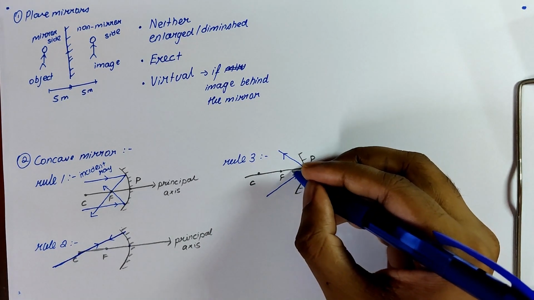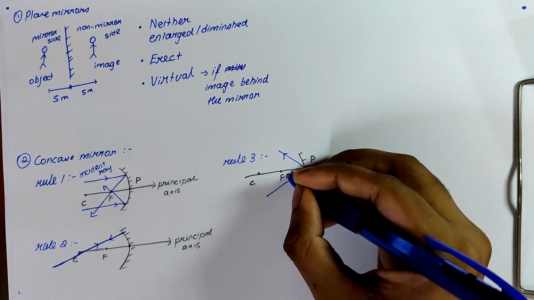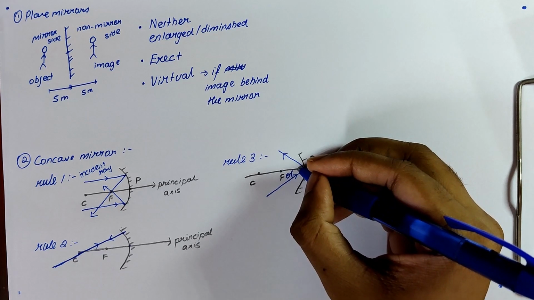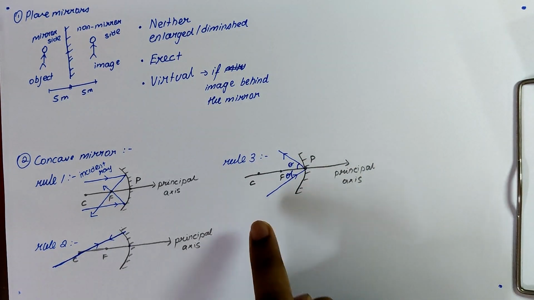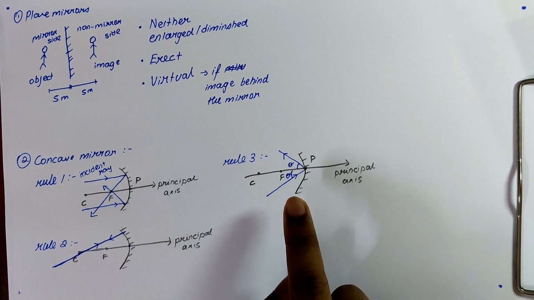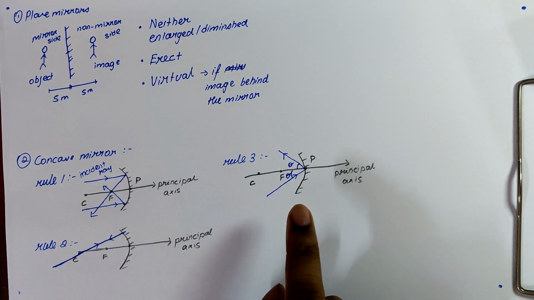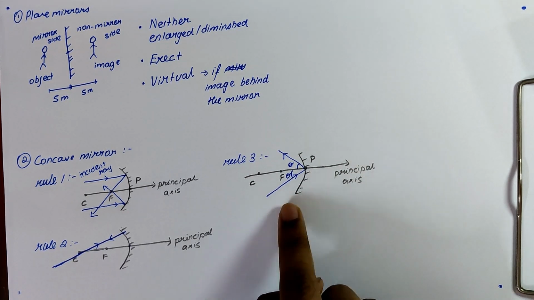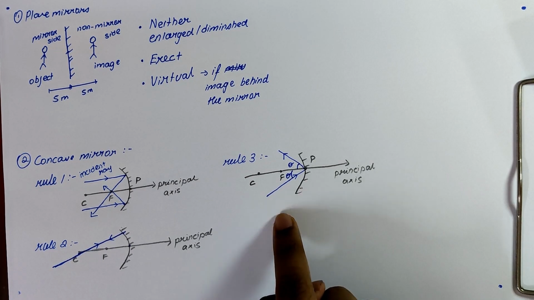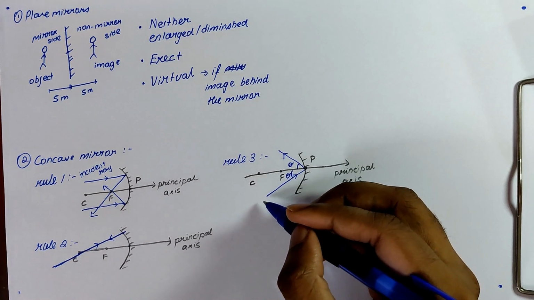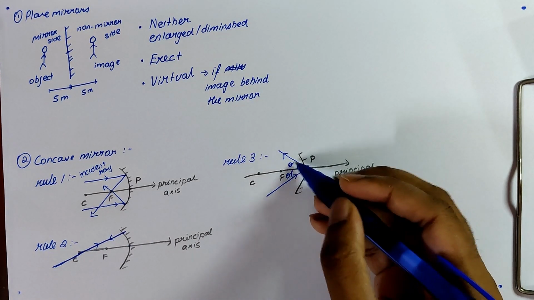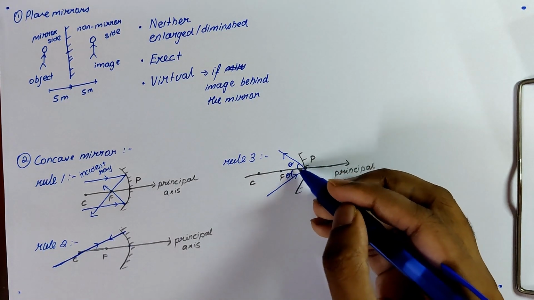This angle is some angle theta. This other angle is also theta. You will see this again in the laws of reflection, but as of now, this is one of the laws that you have to remember until the next topic. Whatever light ray comes towards the pole will reflect away from the pole at the same angle.